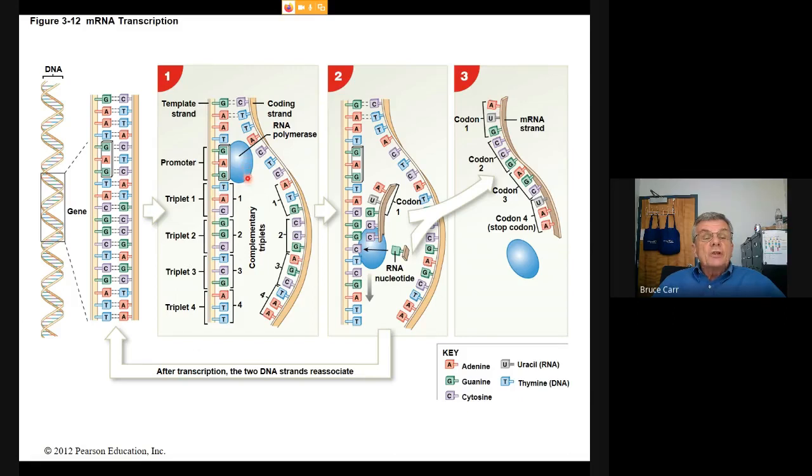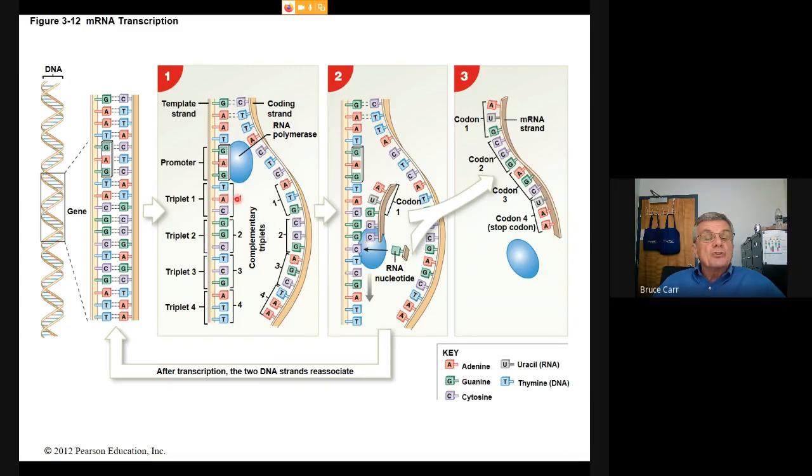And it basically moves to this first triplet. As it moves, it adds a complementary base at each station. So over here you can see the complement is ATG, and by the time this polymerase has moved down to here, you can see that it's added AUGCC.